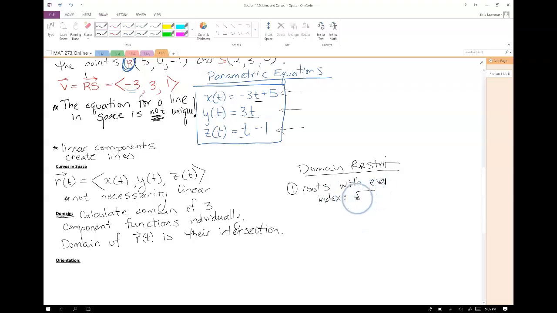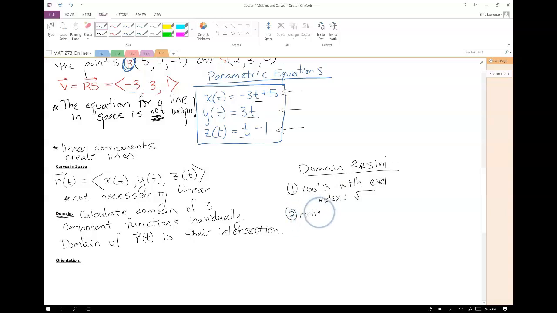We cannot take the square root of a negative number. So if we have a component function with a square root, we need to make sure that whatever expression is under that root, which we call the radicand, is never negative.